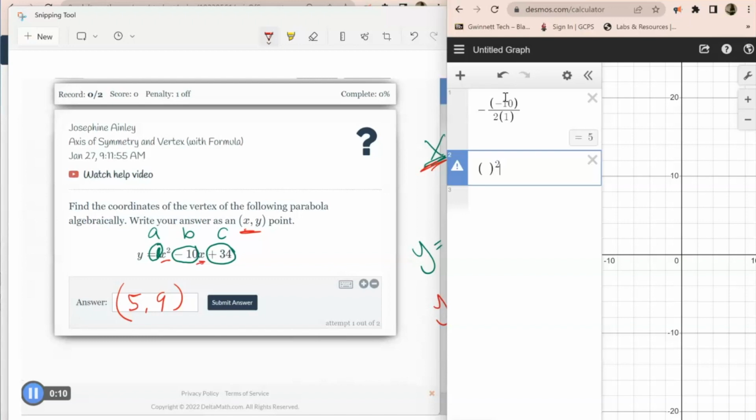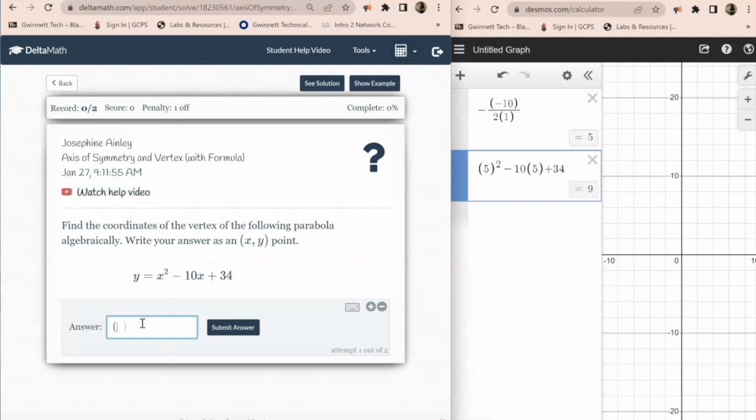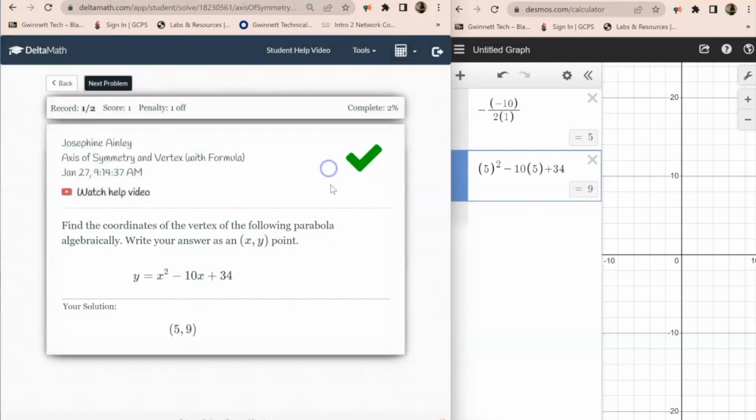Parentheses squared minus 10 parentheses plus 34, and you're just going to put in the 5 there to see what happens. So 5, 5, so 9. So your answer is 5, 9. So you put parentheses 5, 9. And then you submit your answer.